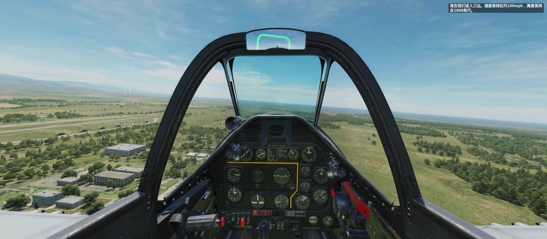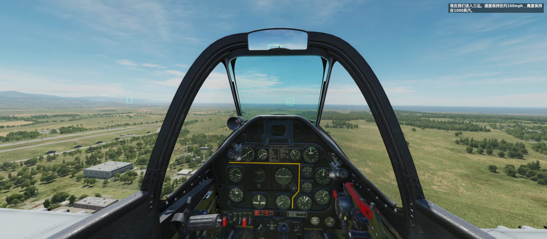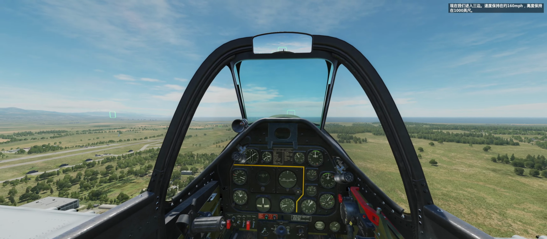You're now on the downwind lane. Maintain airspeed around 160 mph and altitude at 1,000 feet.